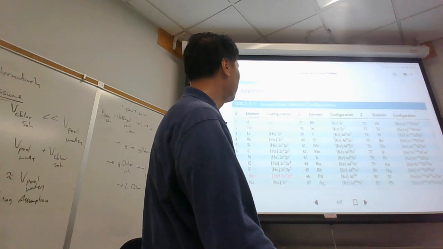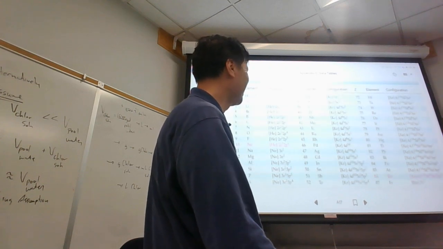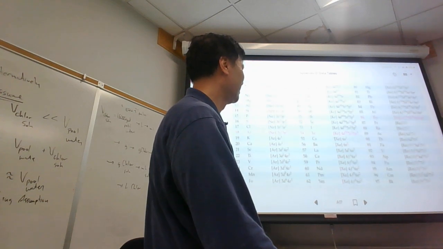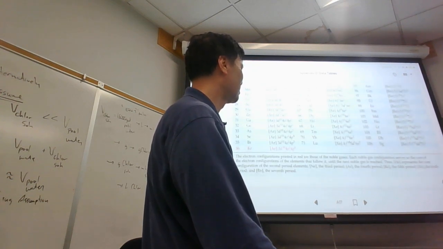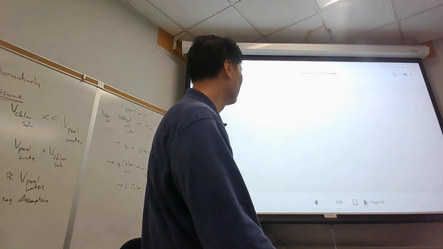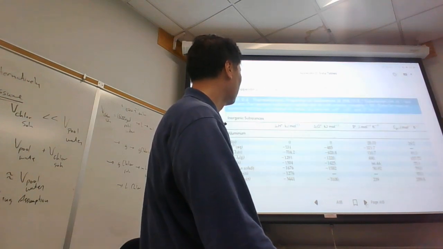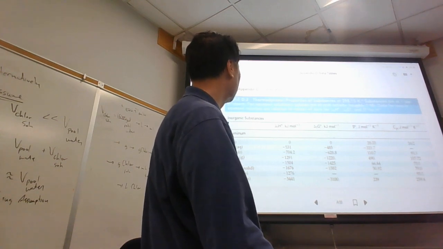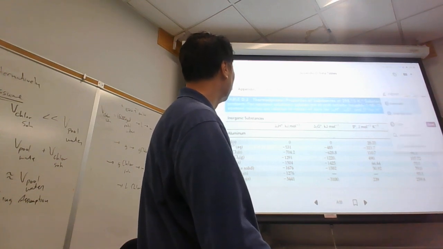And then we have these data tables. If you want the electron configurations for the elements, they're here for all the elements. Oh, it only goes to 106. And then we're going to be using this Appendix D a lot. Appendix D for data tables.